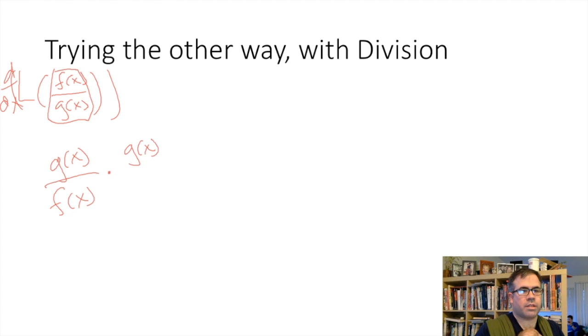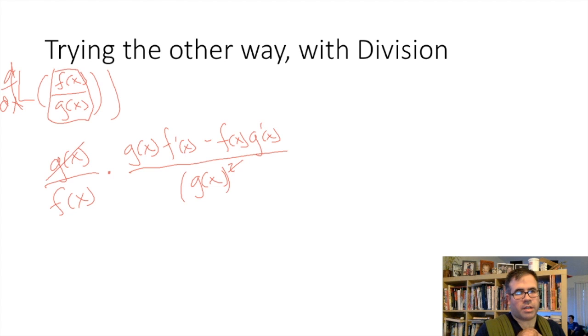So that's going to be g of x f prime of x minus f of x g prime of x over g of x squared. All right, so we have all of this multiplied out. Let's start simplifying. This g of x cancels out this g of x. You can split the fractions across the subtraction.